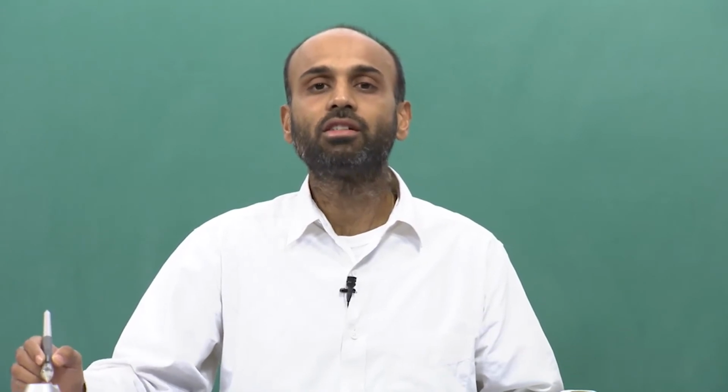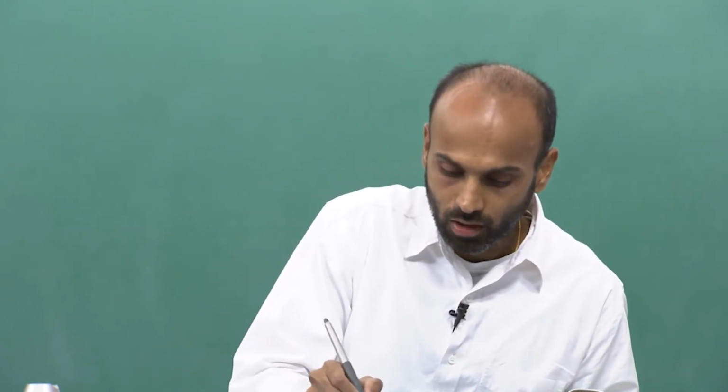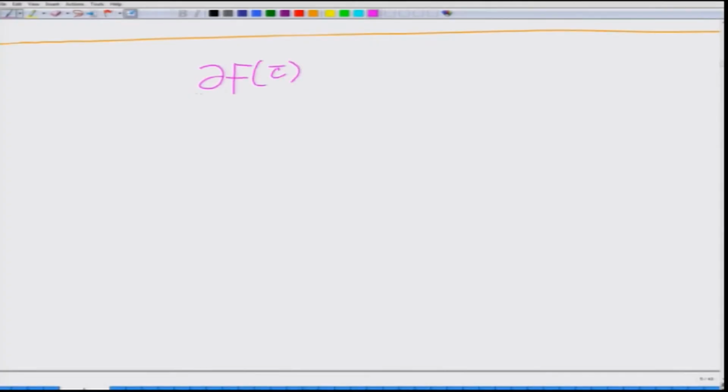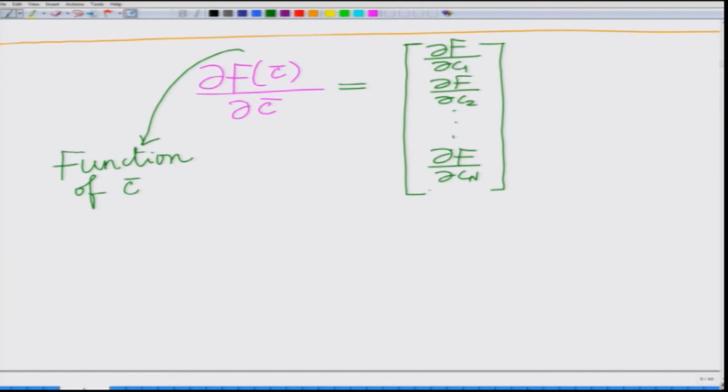We said that if we have a function f of the vector C bar, then its derivative with respect to C bar will be dou f by dou C 1, dou f by dou C 2, and so on up to dou f by dou C n, that is the derivative with respect to each component.